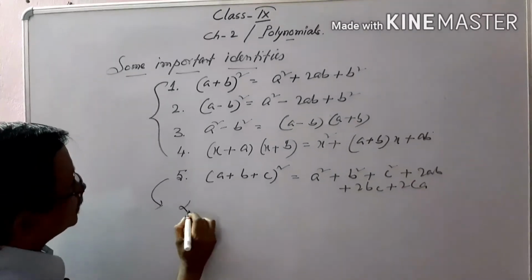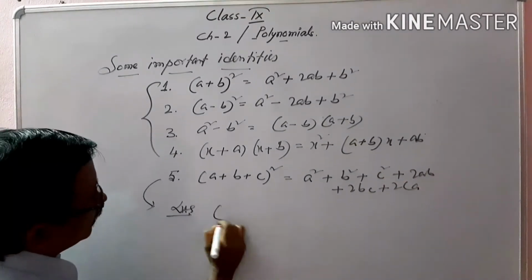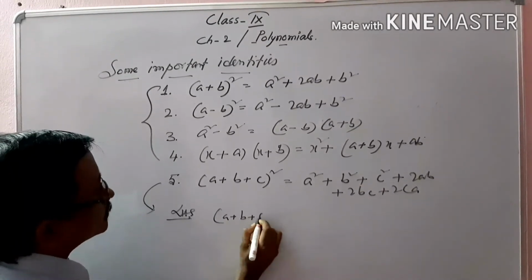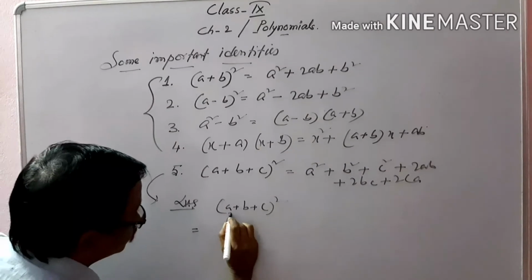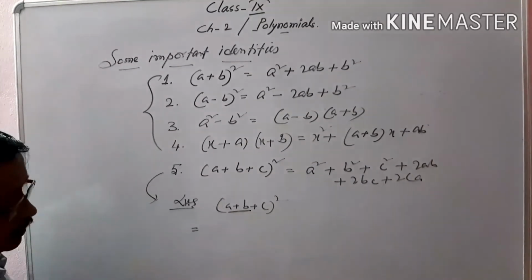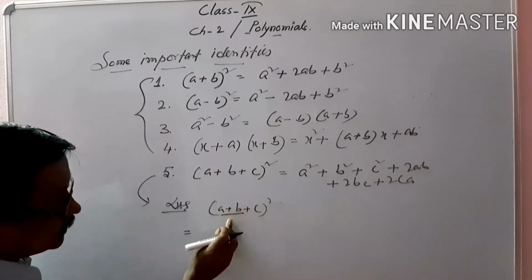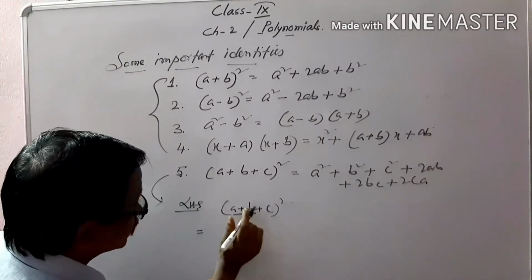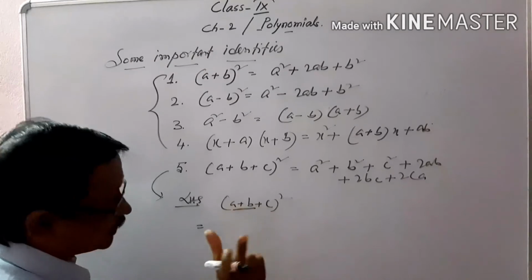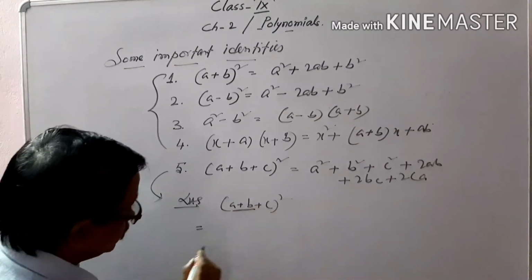Okay, so the left hand side is (a plus b plus c) whole square. First we consider these two terms together as one part, you can call it z or c or d or p, whatever. So what can we write?